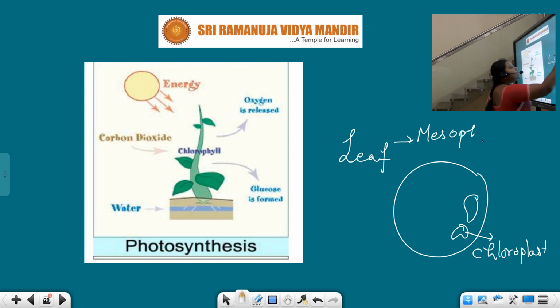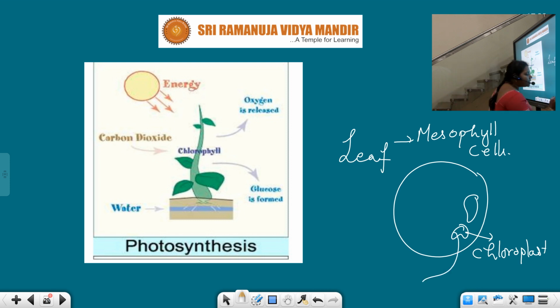Every cell has different cell organelles like nucleus, mitochondria, ribosomes, cytoplasm, endoplasmic reticulum, Golgi apparatus, chloroplast. Presence of chloroplast is the unique feature of the plant cell.